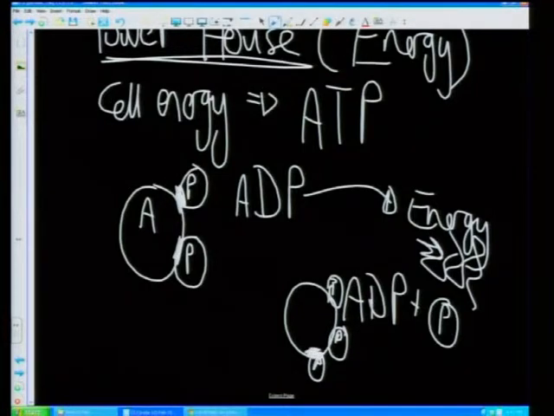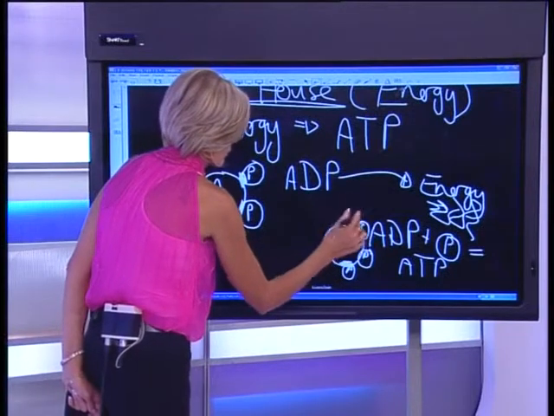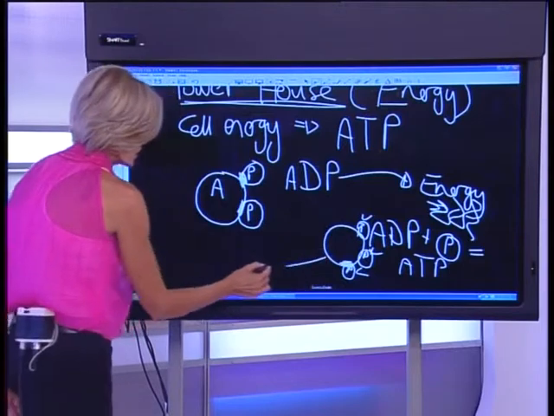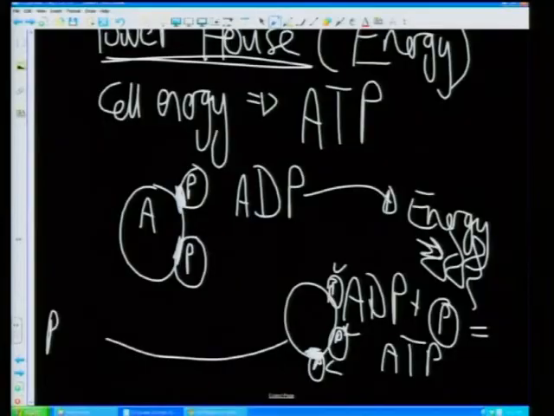Now, my ADP plus a phosphate is equal to adenosine triphosphate. Because how many phosphates do I have there? I have 3. 1, 2, 3. And it goes to where we have to release the energy, or where the energy is needed, somewhere in the cell.